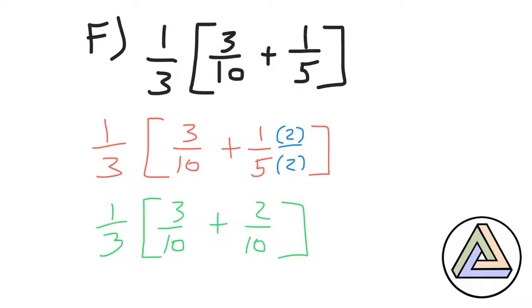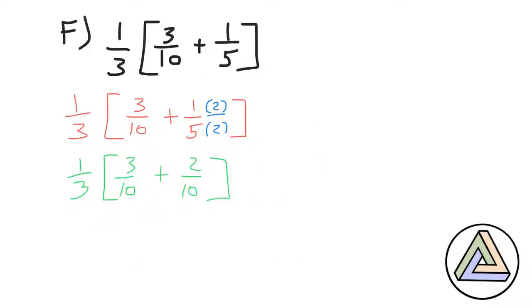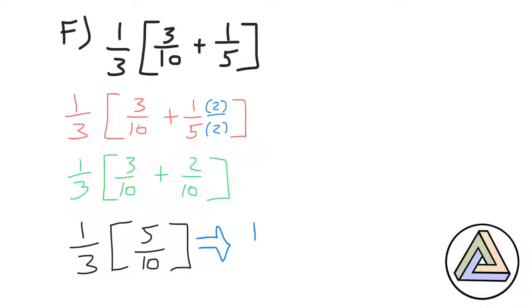And that results in the following. On the next line, it's going to be 1/3 times 5 over 10. And this 5 over 10 right here reduces to 1/2. So we can also rewrite this as 1/3 times 1/2.